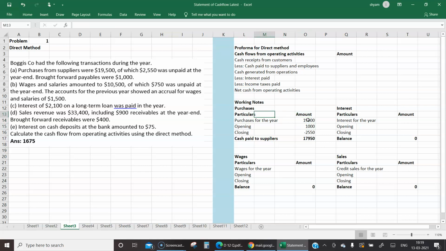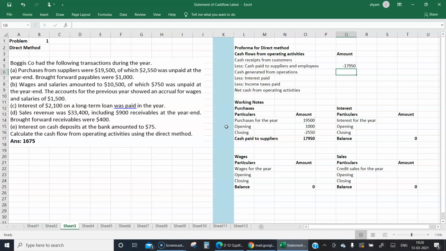It's not that you have to work out only on this basis. You can also open a ledger and do it, but I feel this is quite easier to explain, so I've used this method. Cash paid is a cash outflow, so I will mark it as minus 17,950.